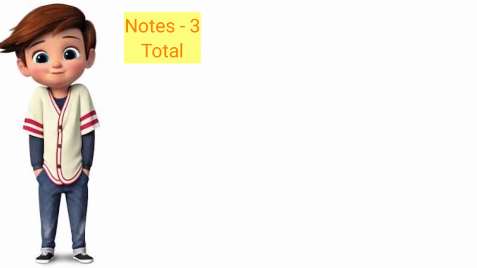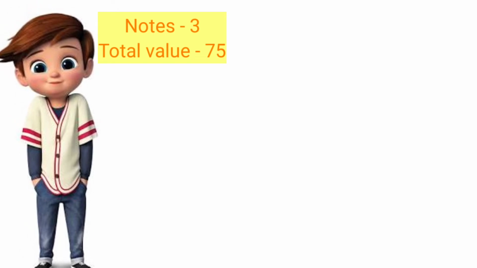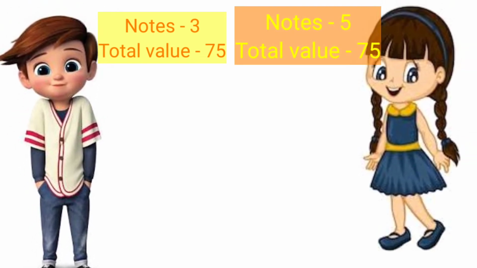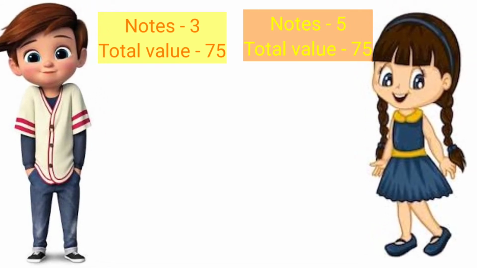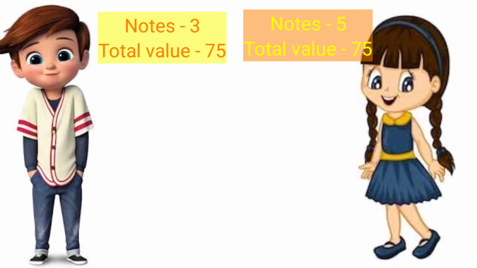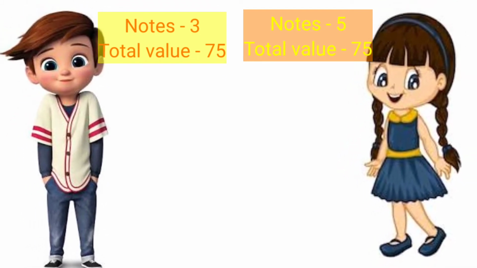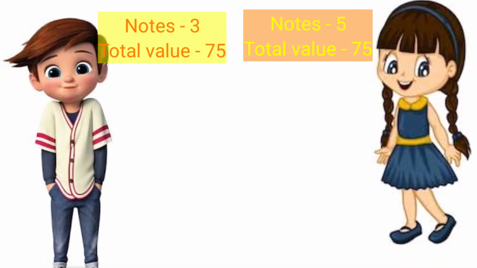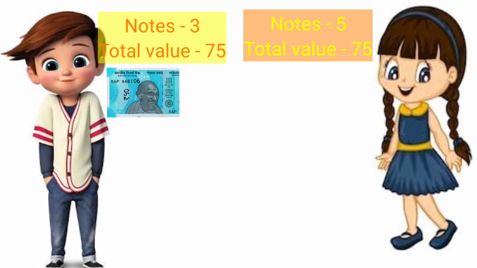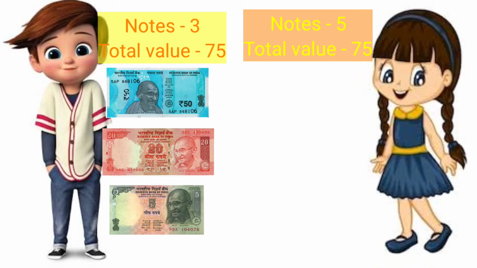Tony has 3 notes. Their total value is 75 rupees. And Salma has 75 rupees, but she has 5 notes. Now, how can that be? So, see. Now, Tony has these 3 notes. First note is of rupees 50, then rupees 20 and rupees 5.